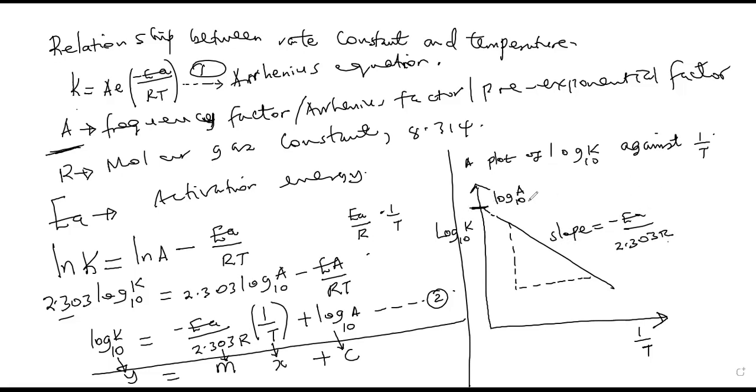You can also get the value of A, because if at this point you have gotten a point, maybe it is M, it means that M is equal to log 10 of A. So if you need that Arrhenius factor or the pre-exponential factor, your A will be 10 to the power M if you eliminate the logarithm. So this is the base, this is the power, and this is the number. So the graph can give you whatever you want.